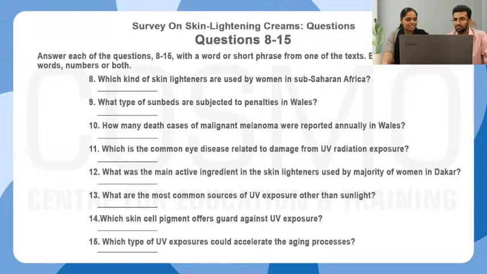So can you please tell us in which text this information can be found? When you fast read through the four texts, have you seen any sentences related to the eye? Which text mentions eye disease?